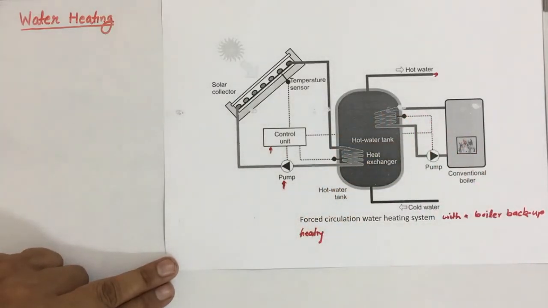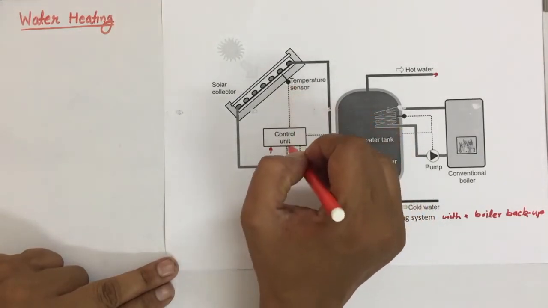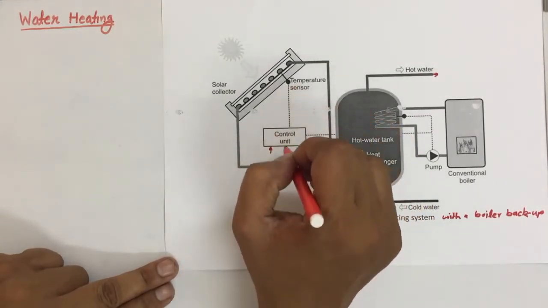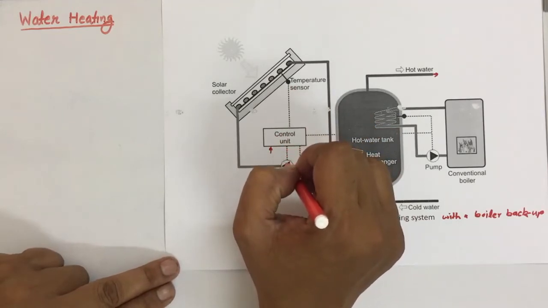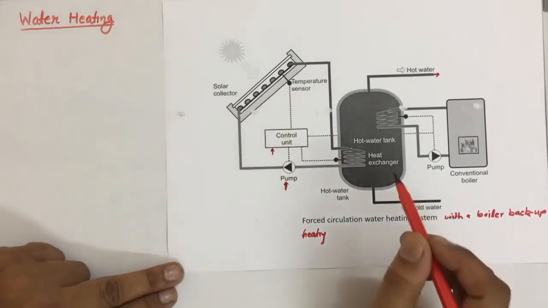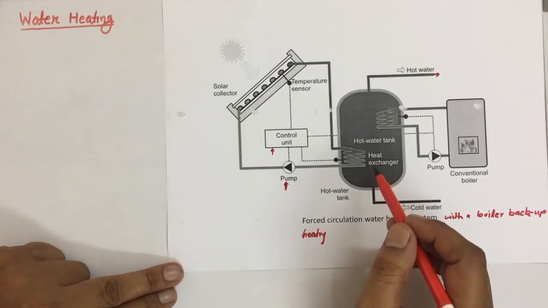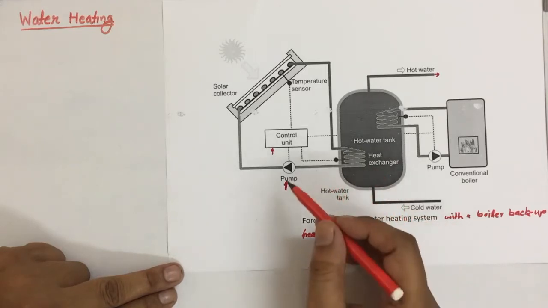And to control the pump according to the temperature, a control unit is provided which controls the opening and closing of the pump. So in this case there is a drawback which is not there with the thermosiphon system, that is, to control the pump, electricity is required.